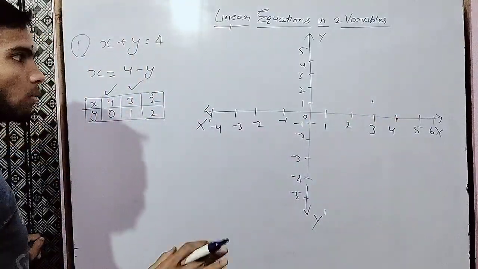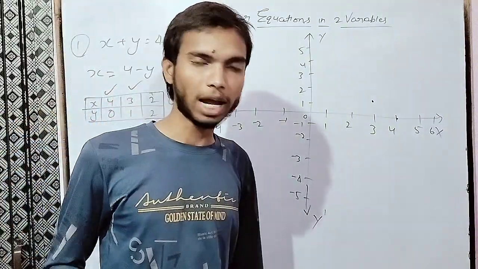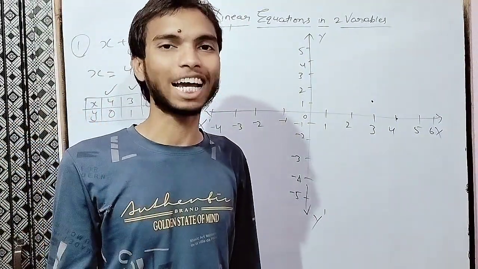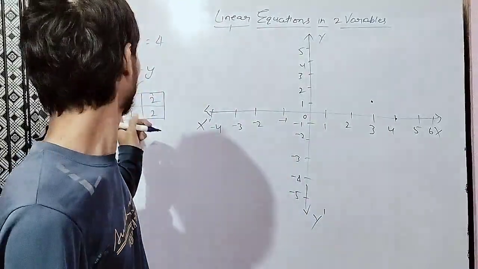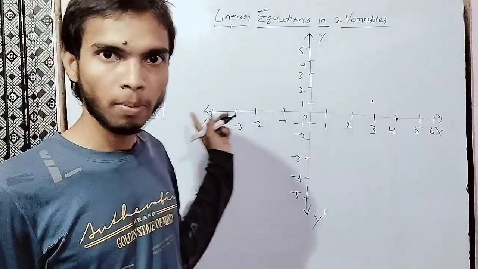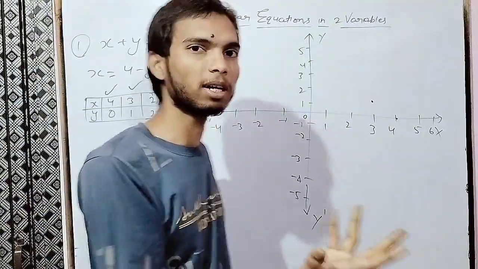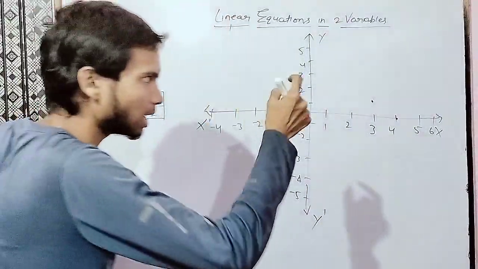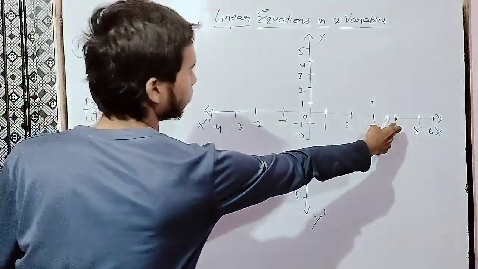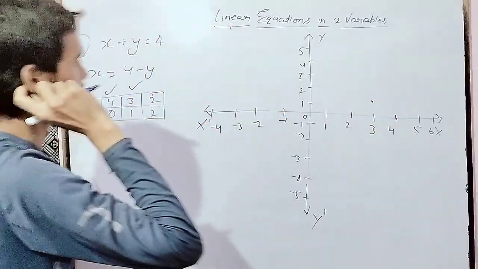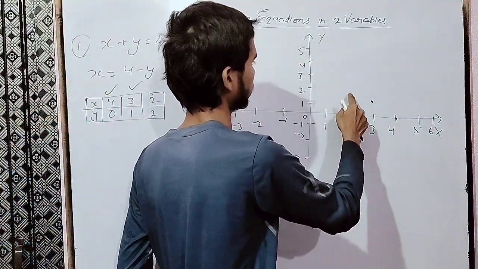We have to check whether there is a linear line or not. If yes, then the solutions we found will be correct when there is a linear line on the graph. The third point is 2 and 2.